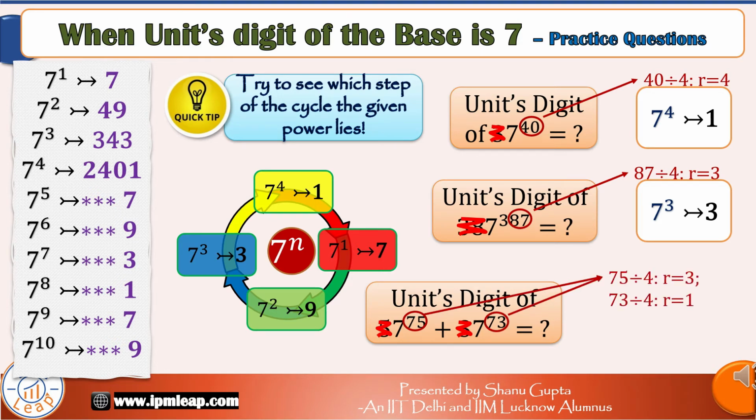So unit digit will be same as that of 7 raised power 3, which is 3. 7 raised power 73. The power 73 when divided by 4 leaves the remainder 1. First step of the cycle. So unit digit will be same as that of 7 raised power 1. We jot down 7. Our answer is simply 3 plus 7, which is equal to 10. And the last digit of 10 is 0. So our answer for the unit digit of this expression is also 0.